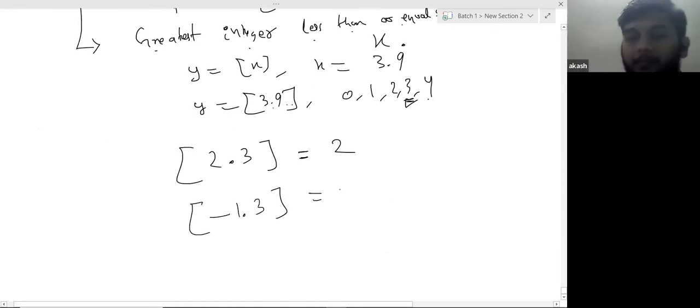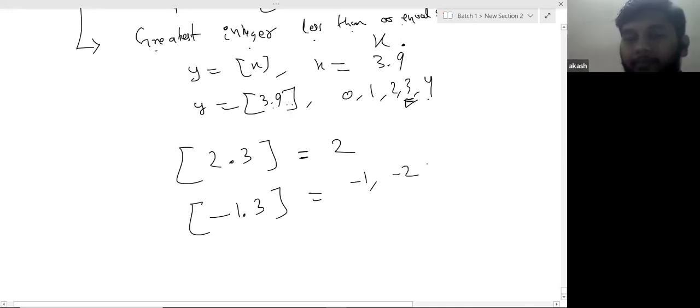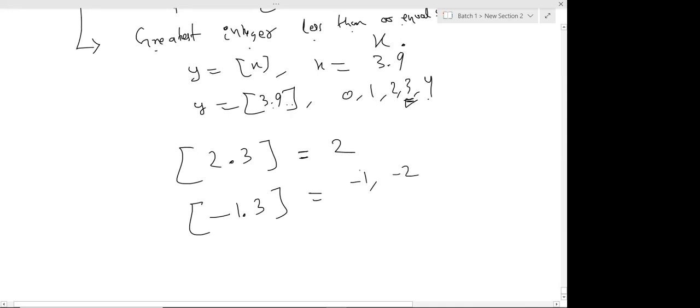Here, it's either -1 or -2. Which one is right? -2. All right.